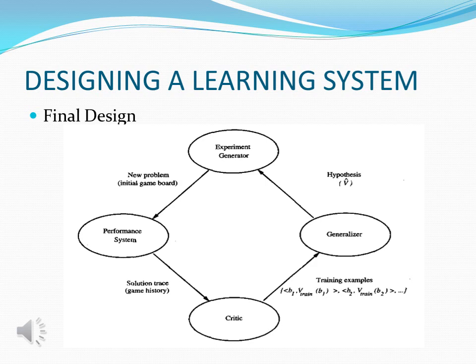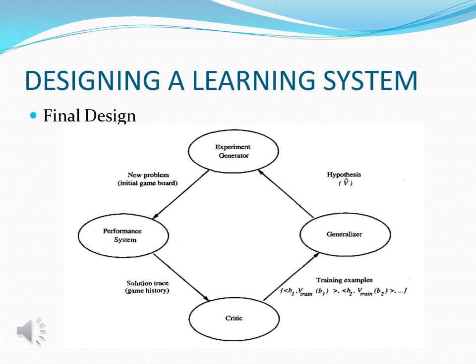Second module is the critic module. It takes a solution trace as input from the performance system module and gives training examples as output. Third module is the generalizer. It takes training examples as input and produces hypothesis as output. Last module is the experiment generator.